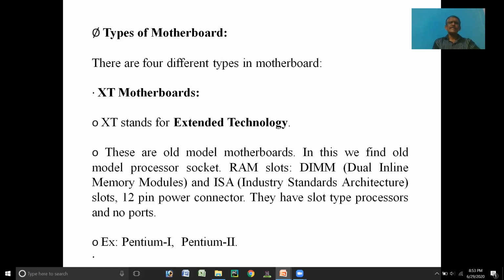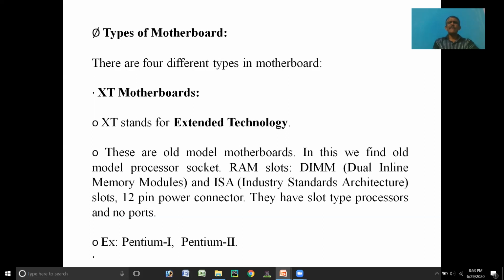The next point is these motherboards have 12-pin power connectors. And the last point is these have slot type processors and no ports.